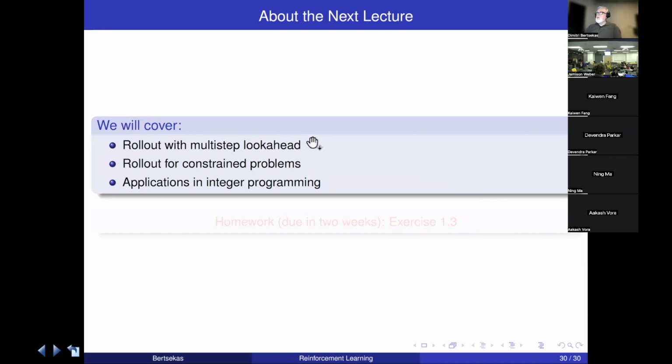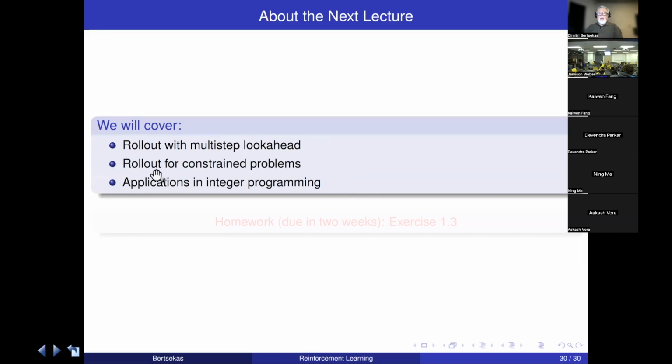It's possible to do long look ahead in this context because the problem is deterministic. If the problem were stochastic, multi-step look ahead becomes more problematic. But with a deterministic problem, it's possible to do multi-step look ahead and gain something from that. So we're going to look at multi-step look ahead and put potential approximations to use within this context.